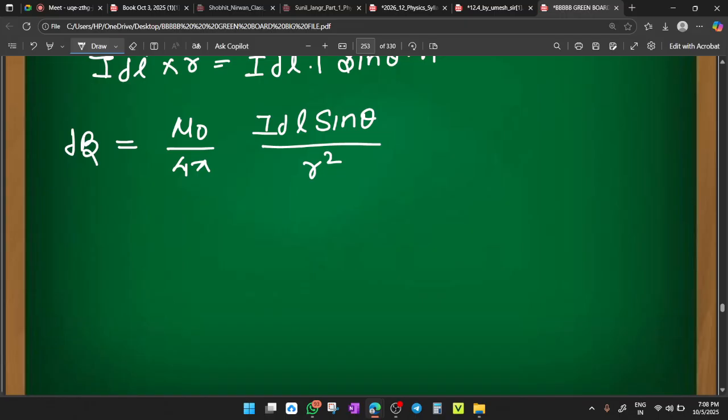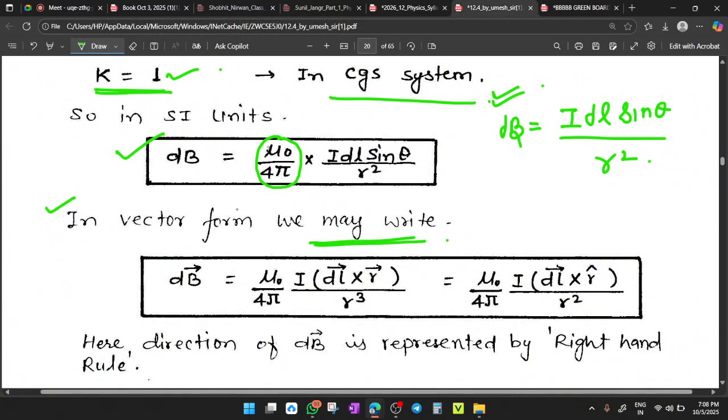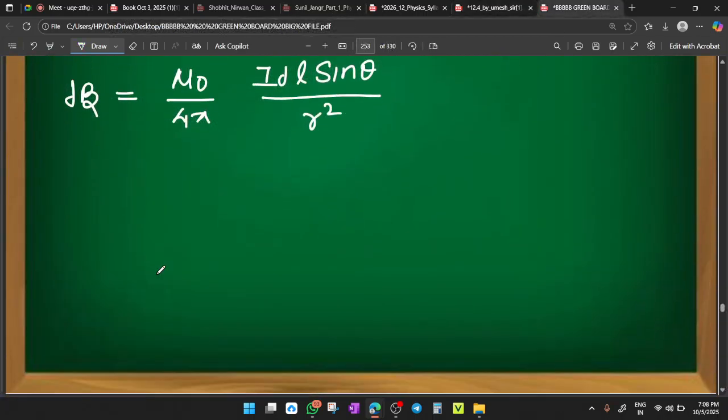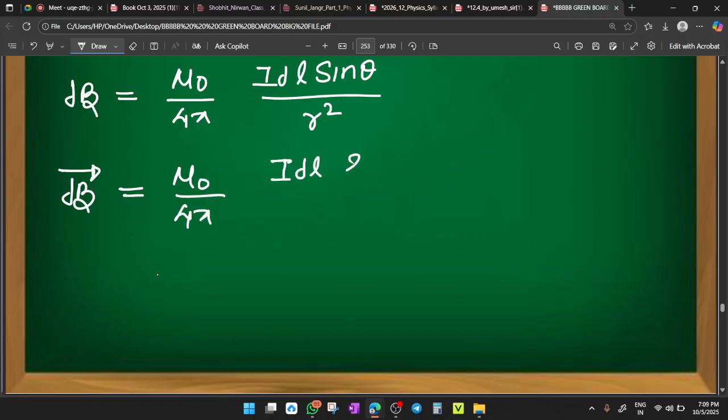Now the problem is to write it in vector form. So if you place a vector dB here, then mu naught upon 4 pi I dl sine theta upon r square times n cap. Why is it n cap? Because the direction of magnetic field is considered as n cap.